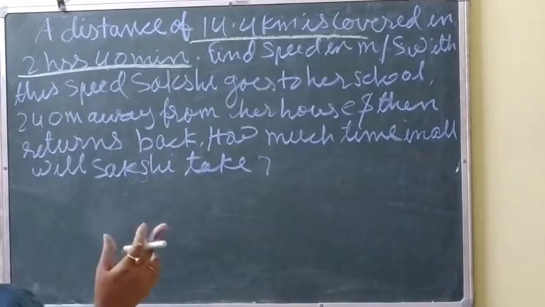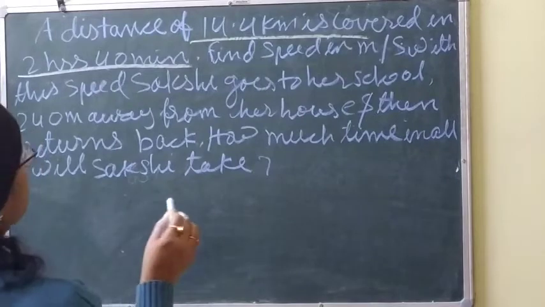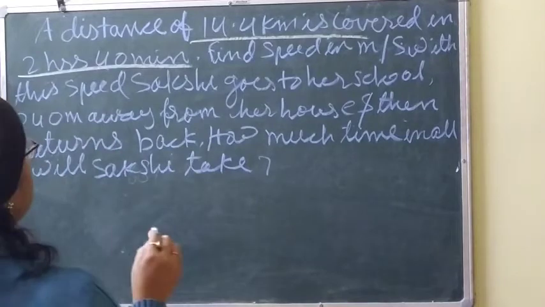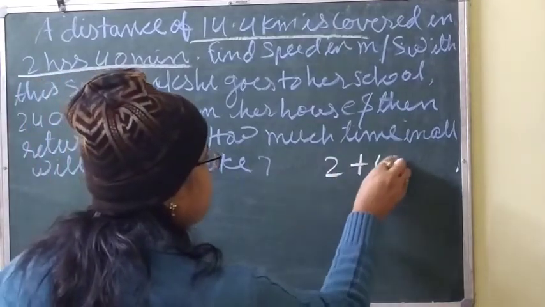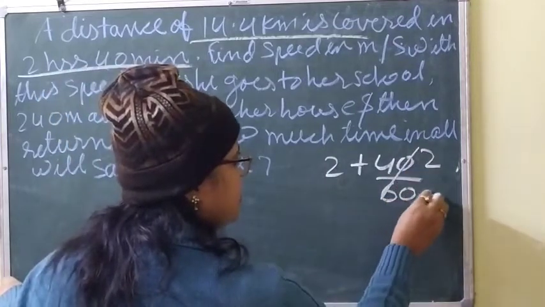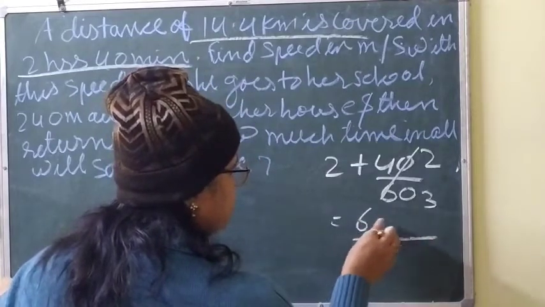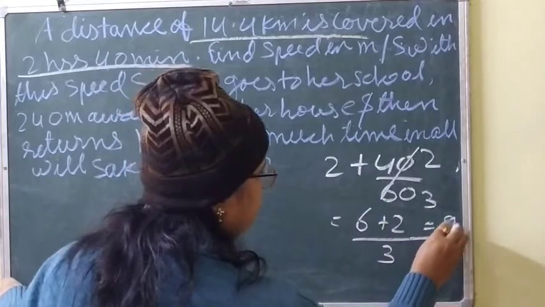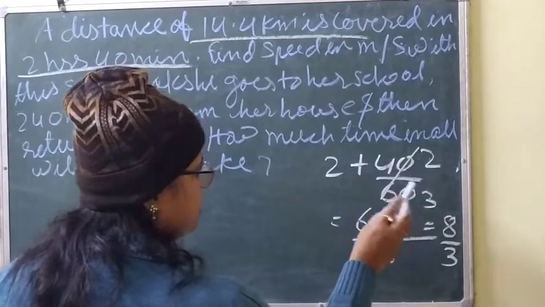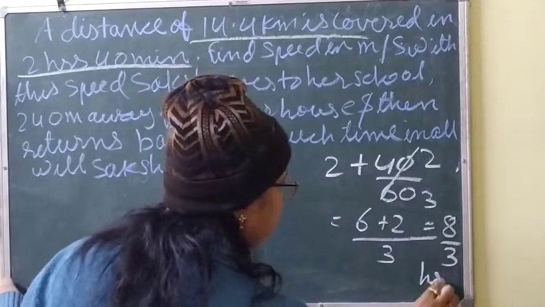So how will we find it? First we will convert this 2 hours 40 minutes into hours. 2 hours 40 minutes means 2 plus 40 by 60. 2 2s are 4, 2 3s are 6. So 3 2s are 6, 6 plus 2 is 8 by 3 hours.